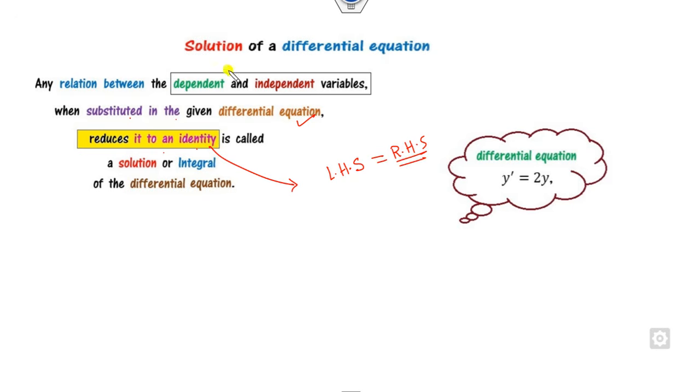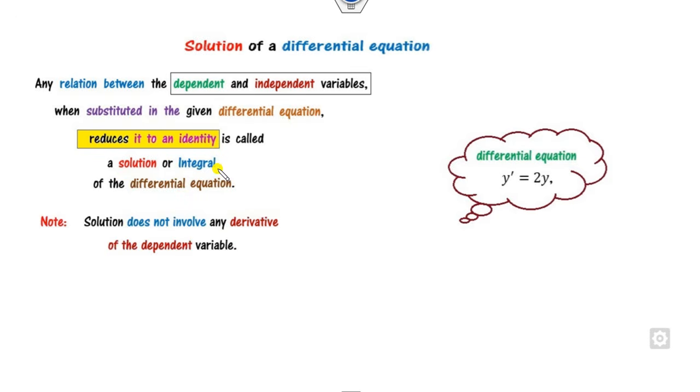Then that relation is called the solution of the differential equation, or sometimes called the integral of the differential equation. And make sure that whatever solution you have does not involve any derivative. Any derivative of the dependent variable like y dash can never be present in the solution.